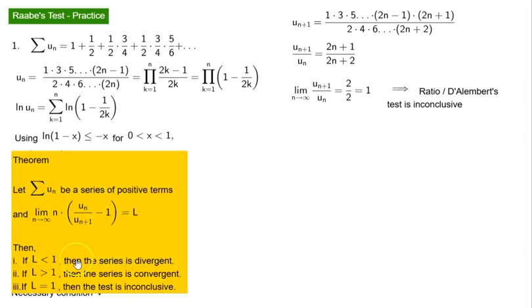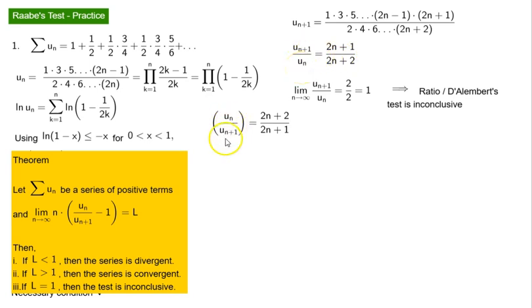Remember Raabe's test? We need this expression and then we need to take the limit as n goes to infinity. So let's arrive at this expression. So we take the reciprocal of u sub n plus 1 by u sub n.